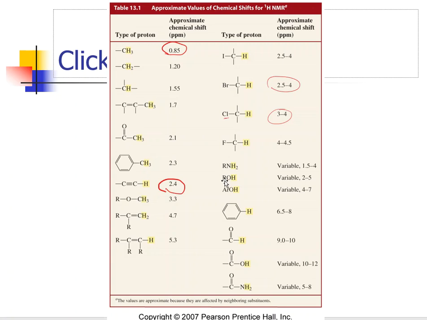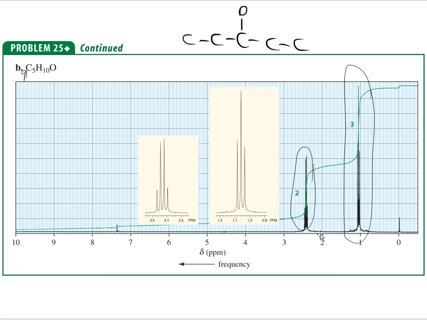So here I see an ROH that can go from 2 to 5, but I also see a ketone that is not variable, and it pretty much hits at 2.1 almost every single time. All right, so does that make sense based on the example problem? If I flip here, that is pretty close to a 2.1. It might be slightly off, but that's okay, but it's not as wide of a range as an alcohol group.